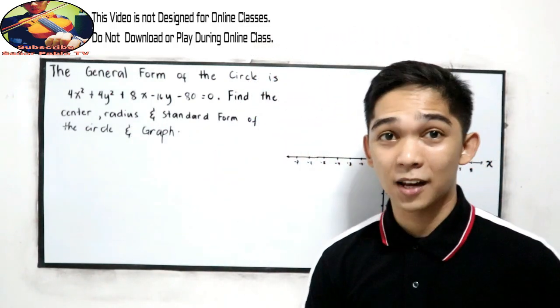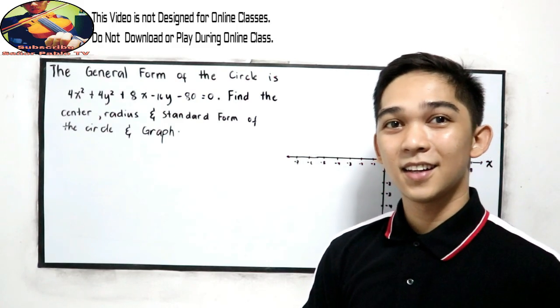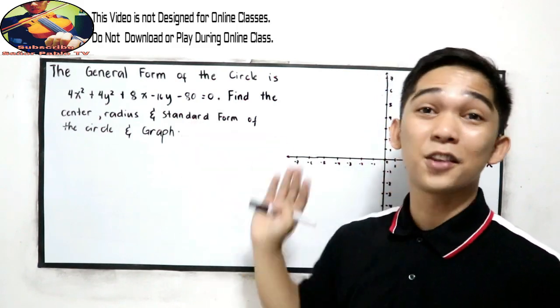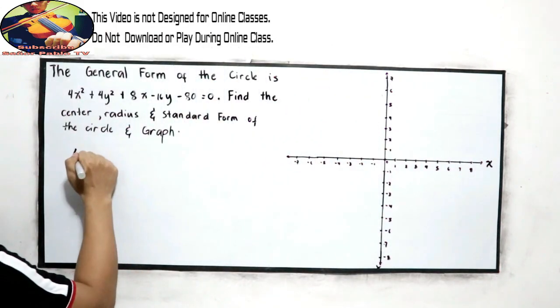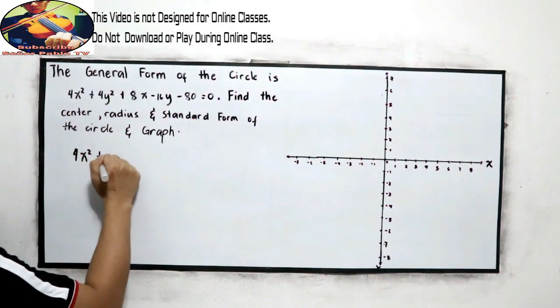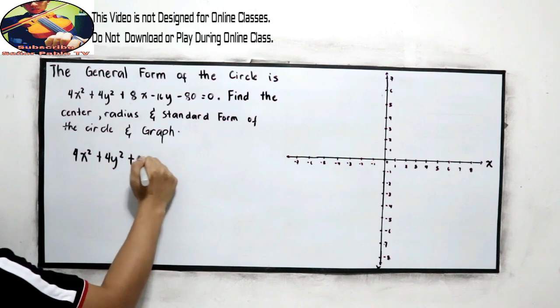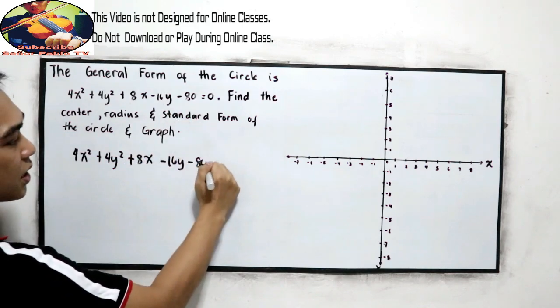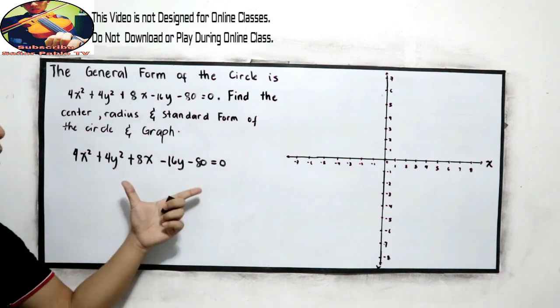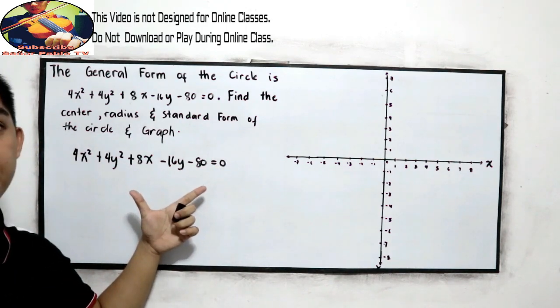Then graph the circle. Let us find first our standard form. So copy the given: 4x squared plus 4y squared plus 8x minus 16y minus 80 is equal to 0.